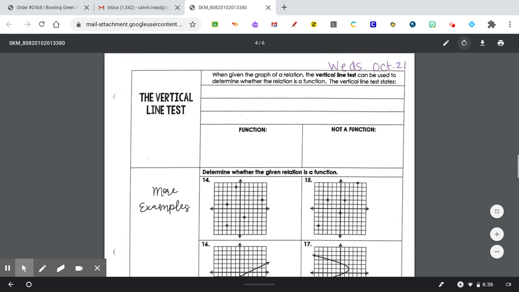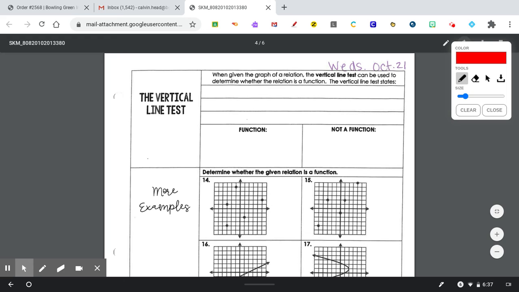And then we will finish up right here. There's this thing called a vertical line test.